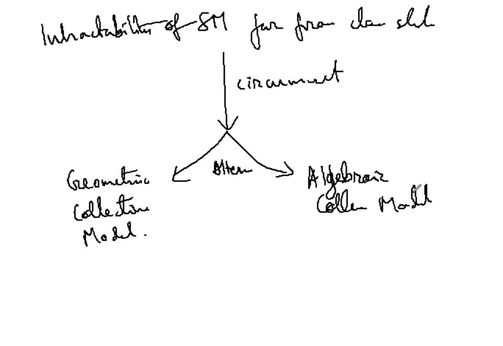Now this algebraic collective model, or interacting boson approximation, is an example which seeks to effectively truncate the shell model space.